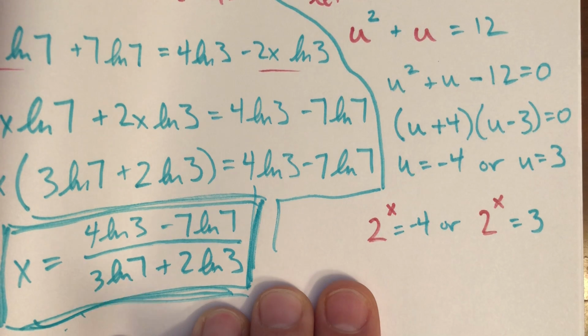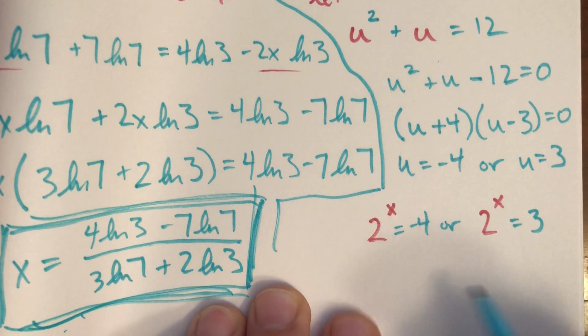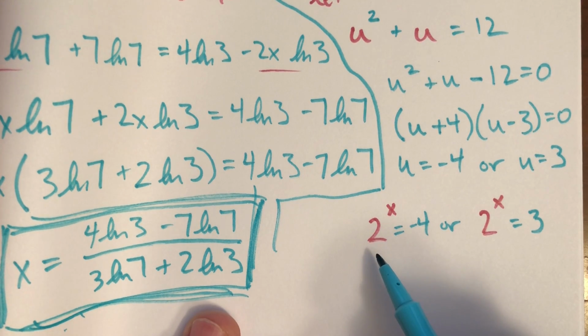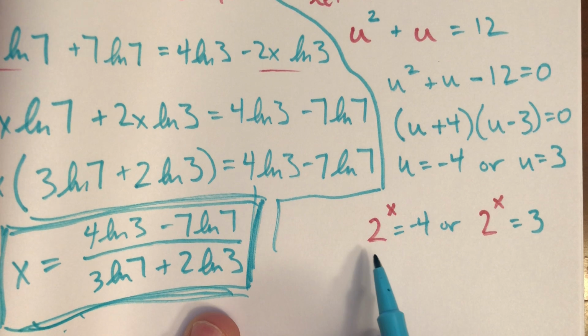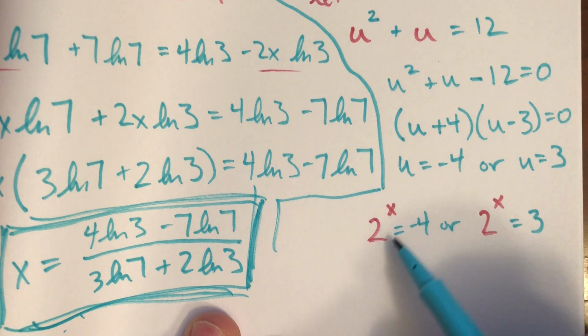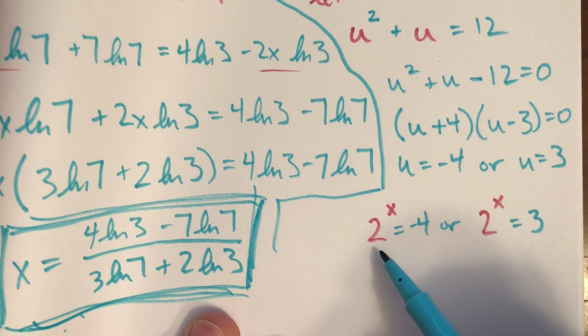2 to the x equals negative 4. This is hearkening back to when we first talked about exponential functions. We recall what the range of this thing was, right? The range of an exponential, if I've just got 2 to the x, is always going to be positive.